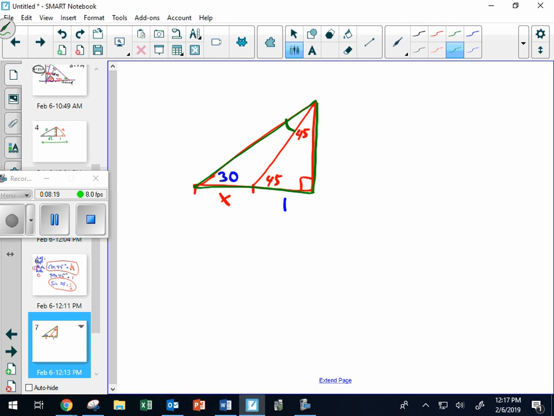I think it's 15? All right. True and good. What else did you figure out? Come on, participate. It goes faster. Yes? You figured out that this was really a 1, 1, square root of 2, didn't you? Okay, awesome.